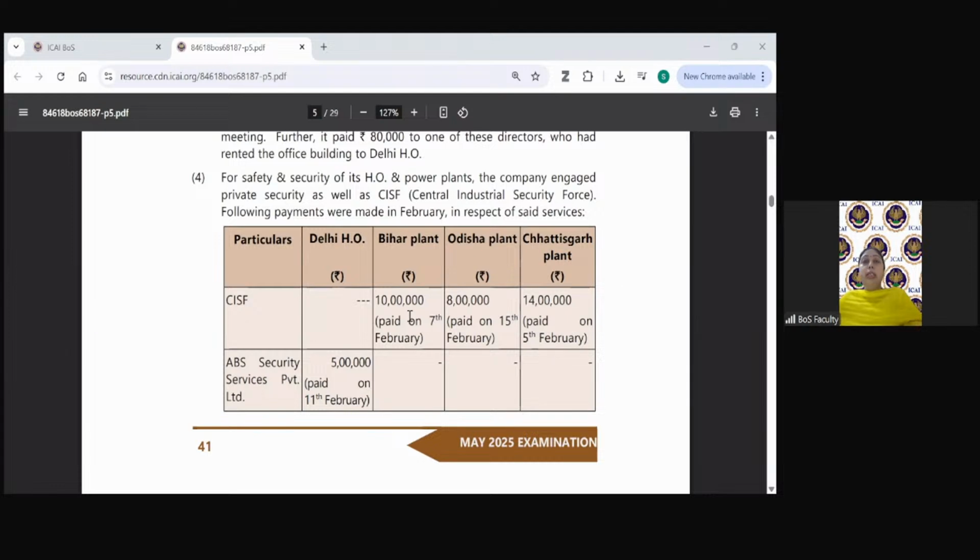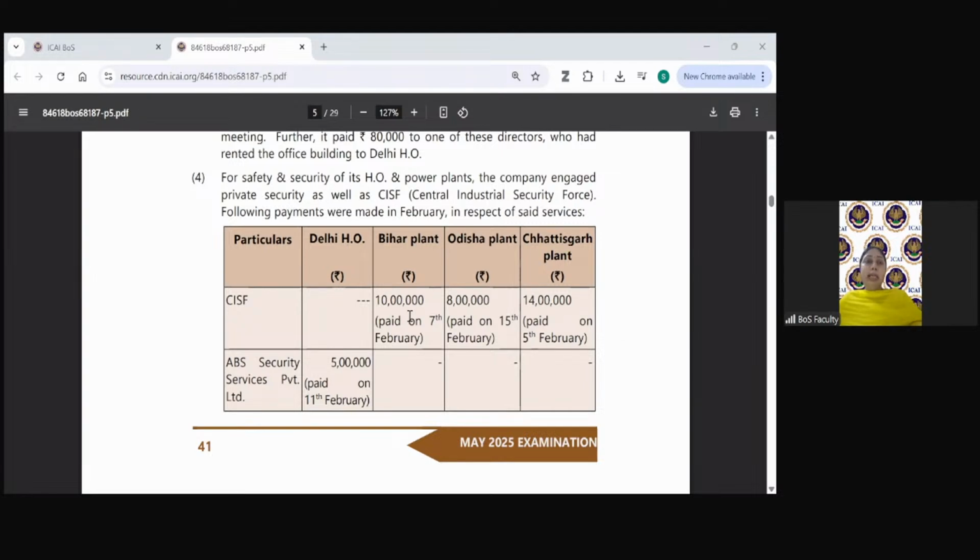It is providing these services. Moreover, the Bihar Power Plant, or you say Vidyut Corporation Limited, is a PSU and it is registered under GST. So any security services provided by a person other than body corporate, which is CISF, to a registered person, which is Vidyut Corporation Limited, or you can say Bihar Power Plant, will be taxable under reverse charge.